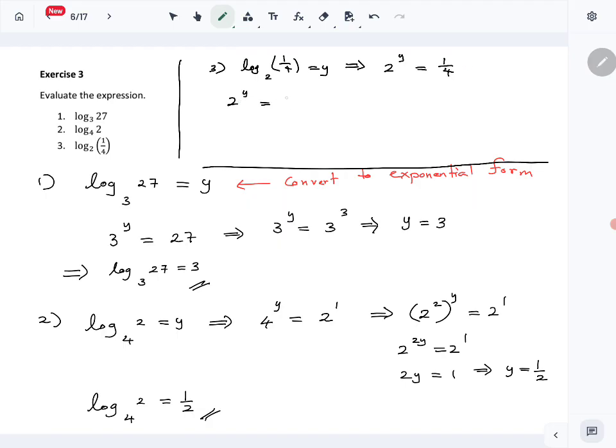So 2 to the y is equal to what? 2 to the minus 2. Because 1 over 4 is what? 1 over 2 squared. So that means y is equal to minus 2. Then the answer is what? Log base 2 of 1 over 4 is equal to minus 2. Right.